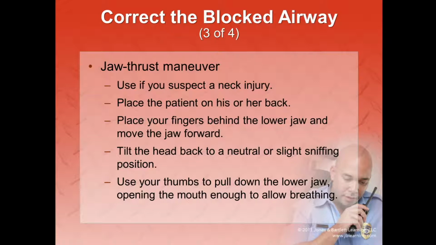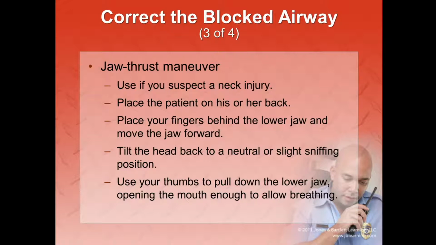So as a precaution, in order to not either cause an injury or worsen an injury, we'll use the jaw thrust maneuver. Jaw thrust maneuver is keeping the head in the neutral inline position, so we're not manipulating the neck at all, and you're taking the meaty part of your palms, which is the part just under your thumbs. The meaty part, you're placing that on the cheekbones of the victim or your patient.